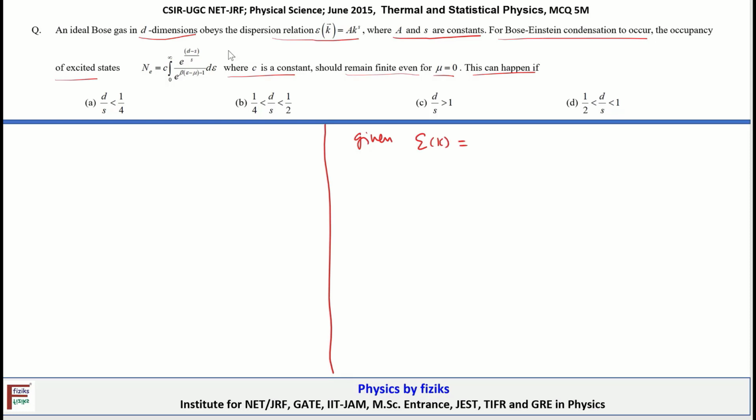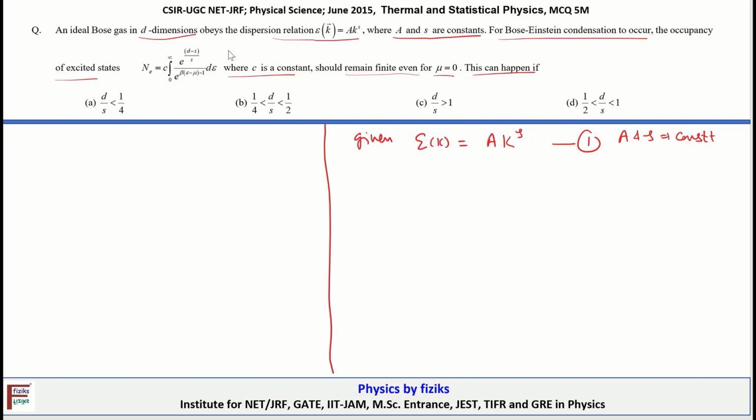We are given that E(k) is equal to A k power s. Here A and s are given to be constants.